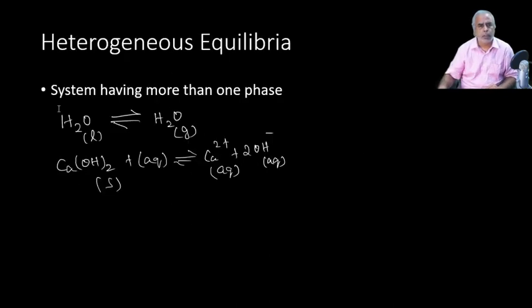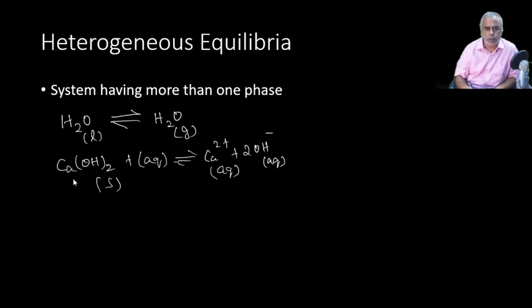Right. Now heterogeneous equilibrium. It is a system that has more than one phase. In the case of water that is getting evaporated, it becomes vapor, that is gas. So in this case, liquid and gas, there are two different phases. So it is a heterogeneous equilibrium.